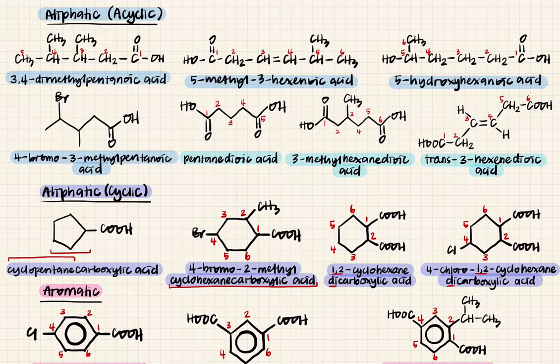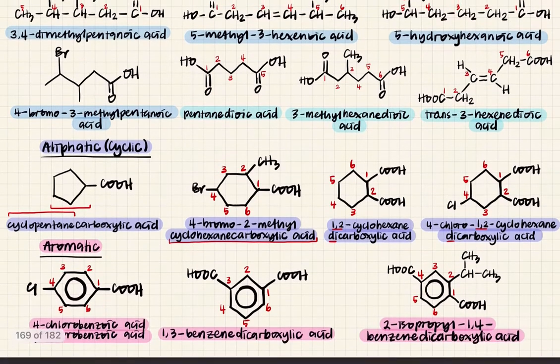It will always be at the end for dioic. The carboxyl group is always at the end. This one is also the same, dioic. This one is trans. For this trans one, when it has 2 carboxyl groups, you just need to denote carbon number 3 for your alkene. If you count from here it is also the same.